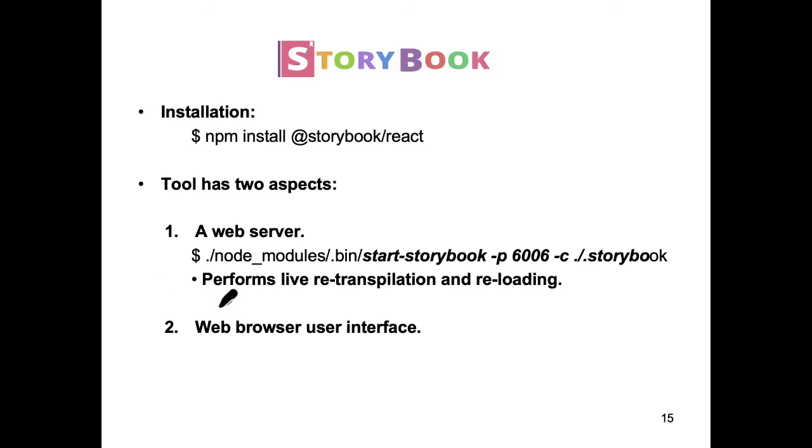Secondly, it has its own browser-based user interface, which will allow us to browse our catalog of components. So it comes with a server and it comes with its own user interface, which is not surprisingly browser-based, because we are developing components that we want to be able to use in a browser.